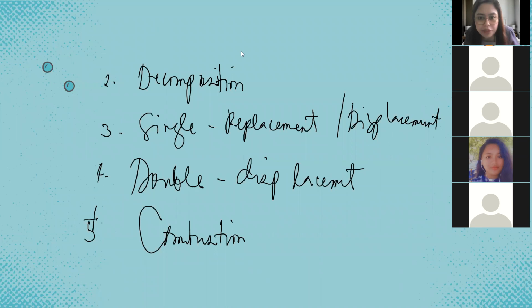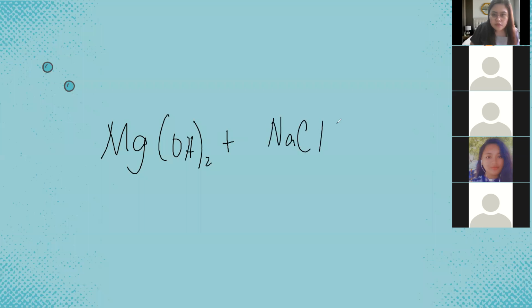Hindi po ba gina-multiply ang coefficient sa subscript? Gina-multiply siya. So example, pag meron kang equation na like this one. Let me think first. This one is not a combination reaction though, but we have, for example, sa baba na lang ha kay yan pa siya.